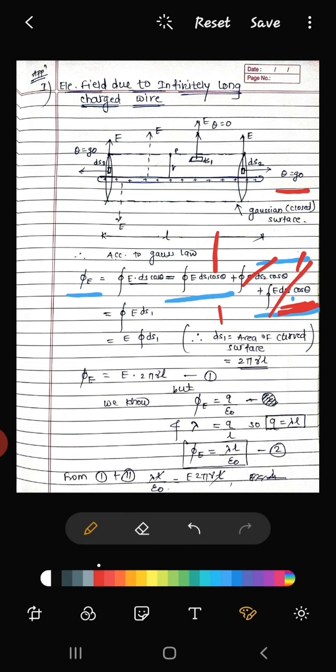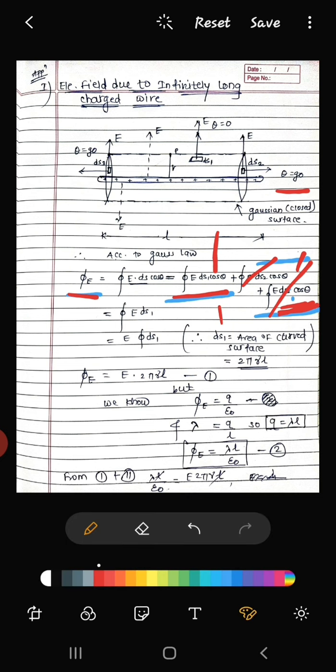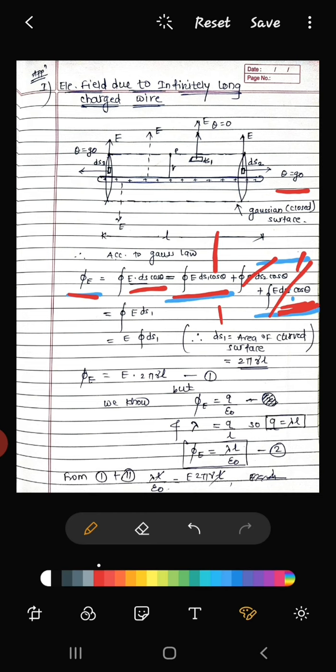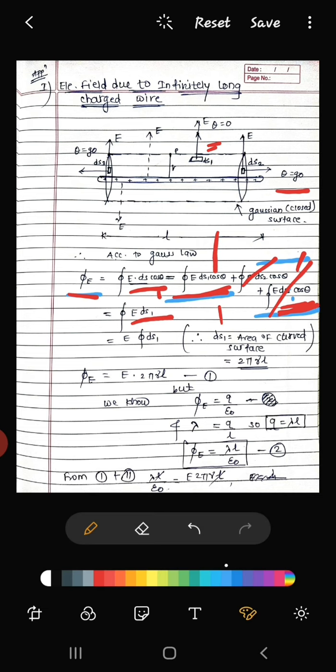So we have only one term. The total electric flux due to an infinitely long charged wire is given by only this E ds cos theta. Here again theta is 0 as they are parallel, so cos 0 is 1, and we can write only E ds1 because the remaining two terms become 0.